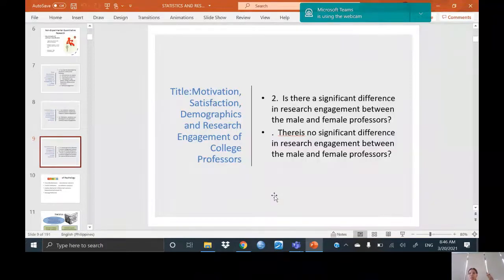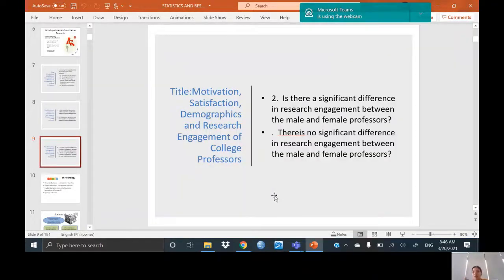Thus, you can make some kind of conclusion regarding the variables under study. But what is its difference with the prior slide, with the correlation problem, is that this one is asking for significant difference, not significant relationship.